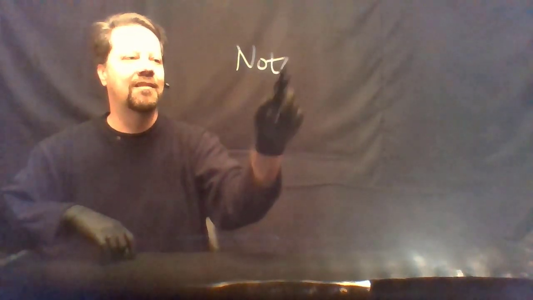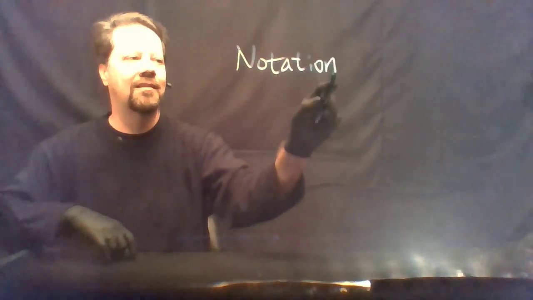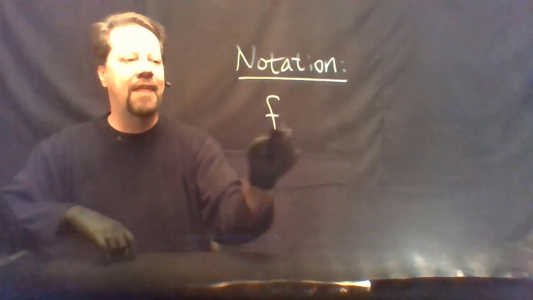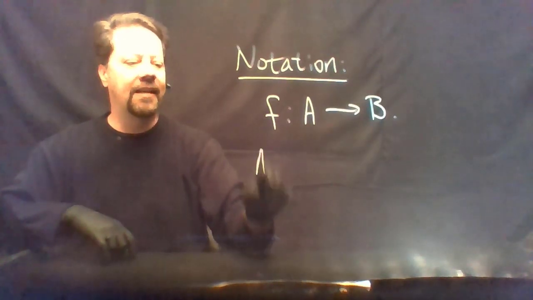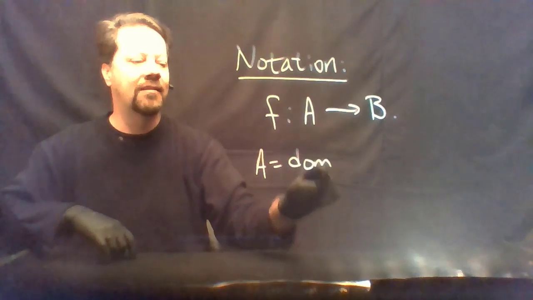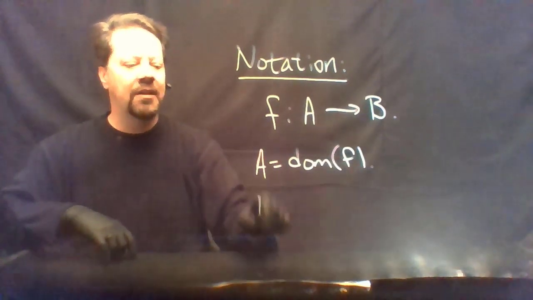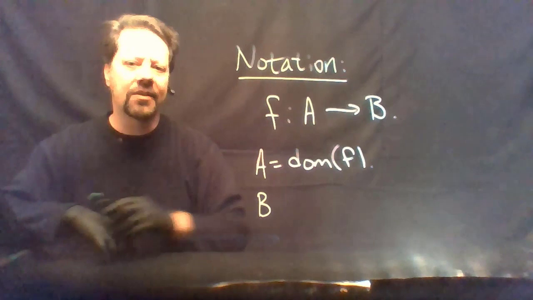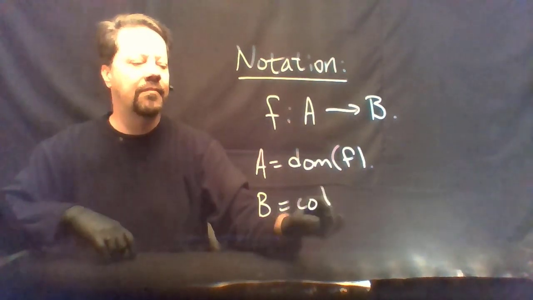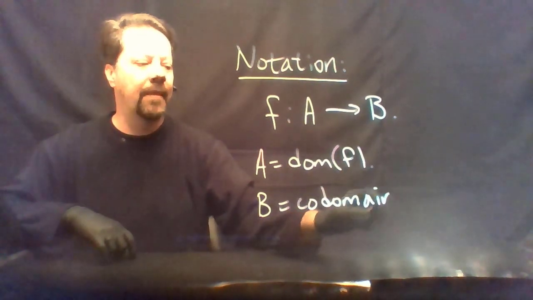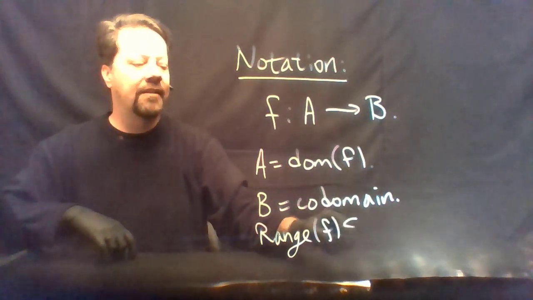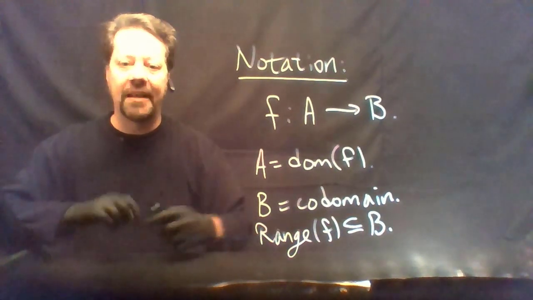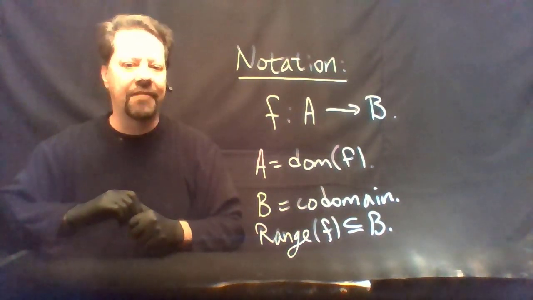First, a little notation. If I write f maps A into B, I'm thinking of A as the domain of the function f. B is not the range, it's called the codomain. And the range of f is a subset of B. It could be all of B, but it doesn't have to be.